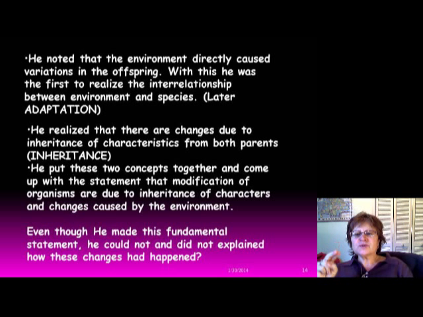And when he puts these two concepts together, he comes up with the statement that modification of organisms is due to inheritance of characteristics and changes caused by the environment. Even though he made this fundamental statement, he could not come up with the explanation for these changes which he observed.